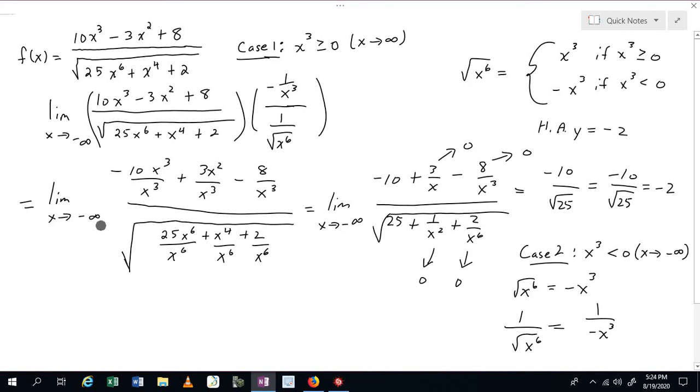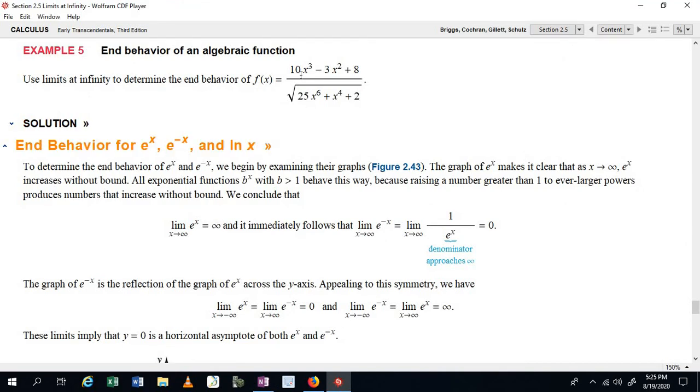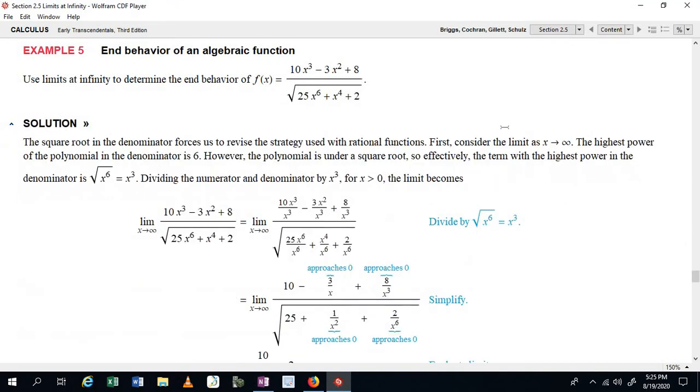As x approaches negative infinity, the y values for this function begin to approach negative 2, and then we have a horizontal asymptote at negative 2. Okay, so we found the end behavior for both cases. As x goes to positive infinity, y approaches 2, and as x goes to negative infinity, y approaches negative 2. And so let me show you a graph of this, which will kind of solidify what we've done.